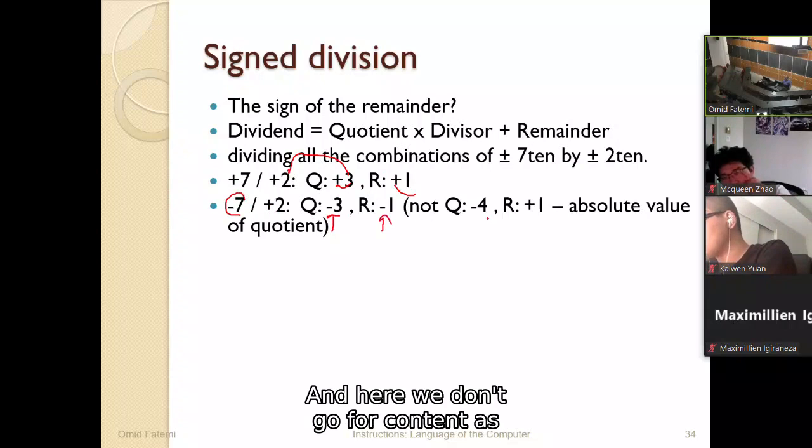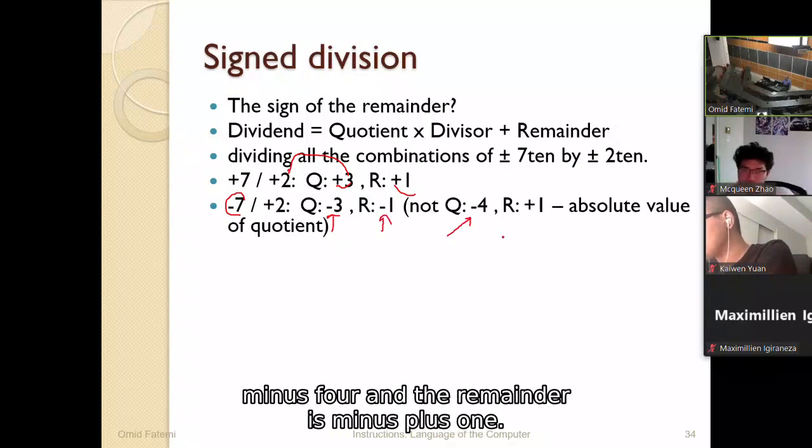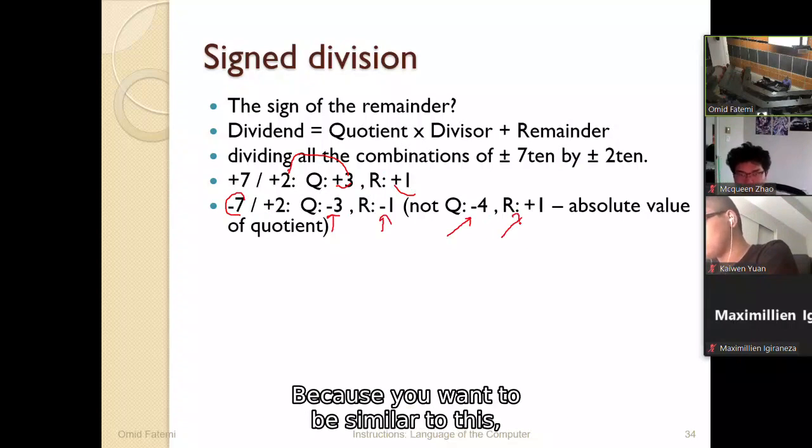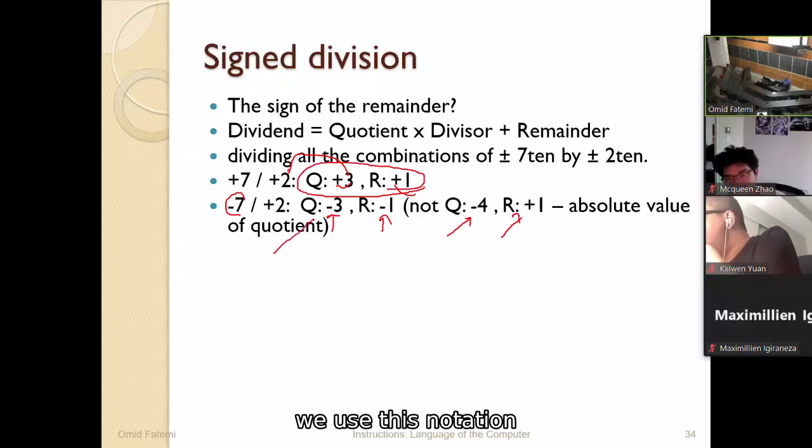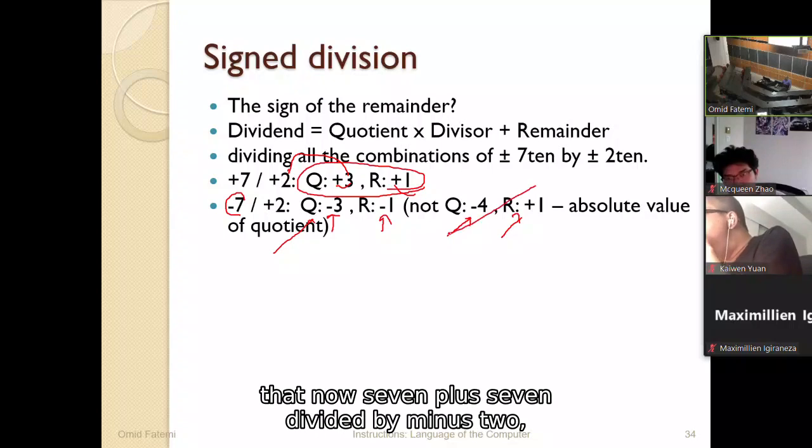Here we don't go for a quotient of minus 4 and a remainder of plus 1, because you want to be similar to the absolute value division. So we use this notation, not that one.